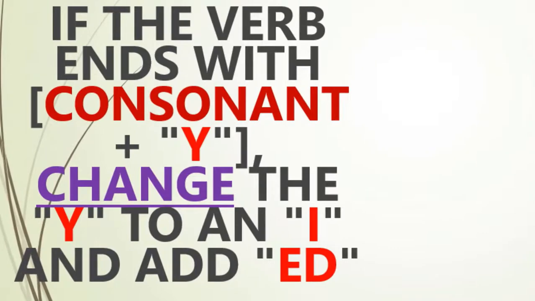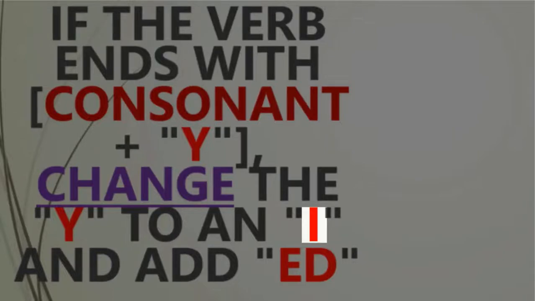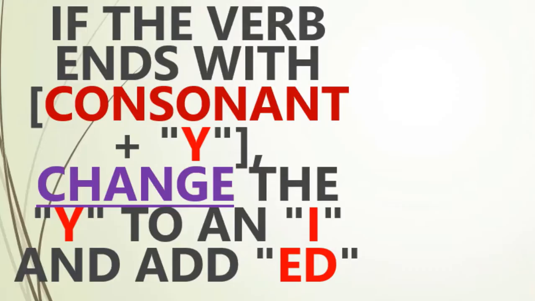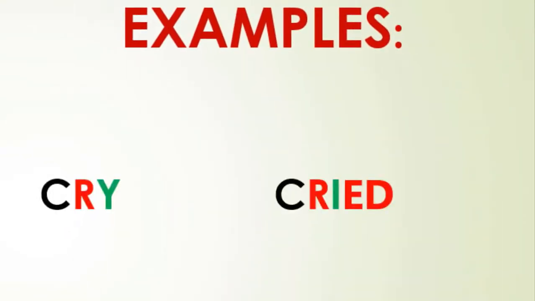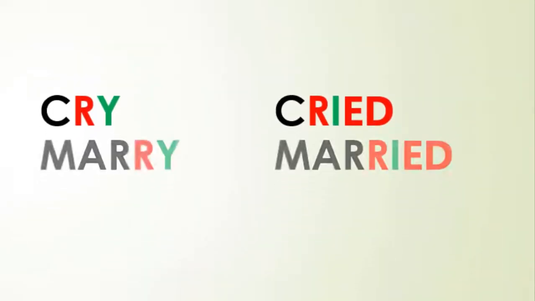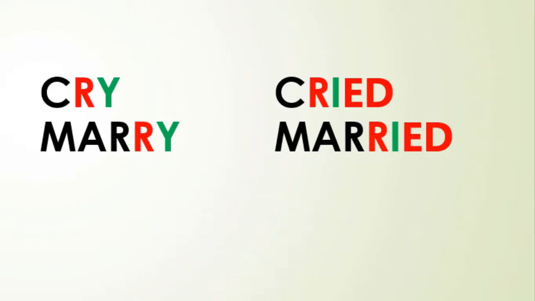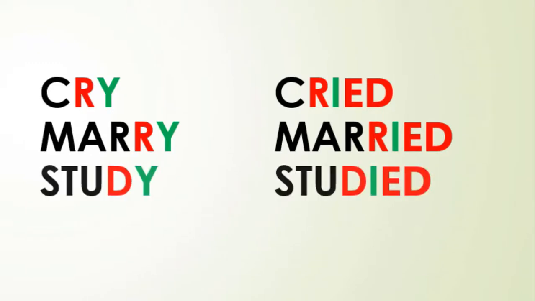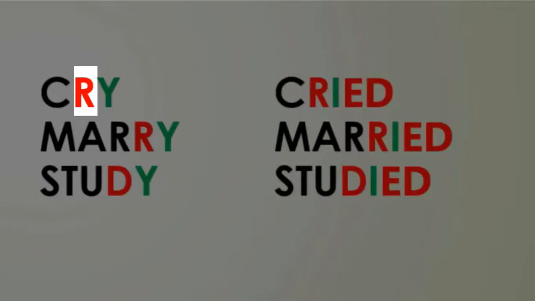Spelling rule 4. If the verb ends with a consonant plus Y, change the Y to an I and add ED. For example, cry, cried, marry, married, study, studied. In the first example, cry, the last letter is Y, and before it we have an R, which is a consonant.